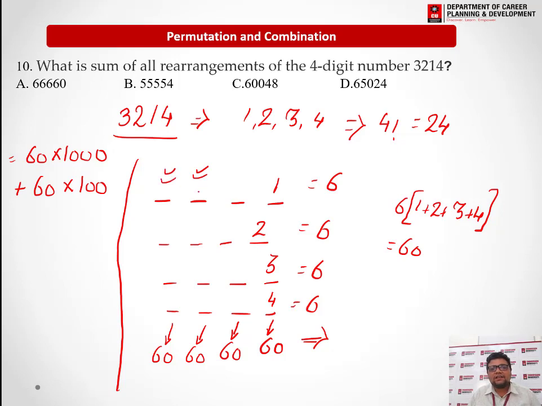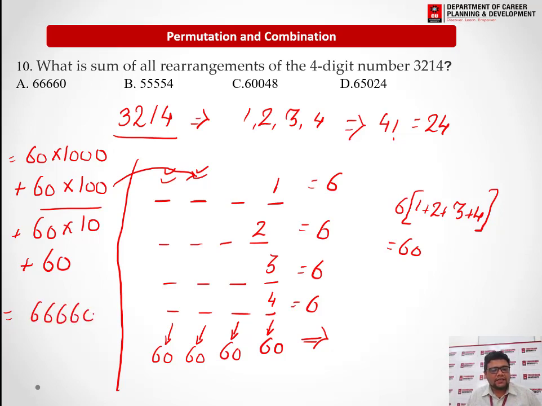The sum of the digits at the hundreds place will be 60 into 100, for the tens place it will be 60 into 10, and for the unit place it will be 60. If we find the total sum, it comes out to be 66660. This will be our final answer.